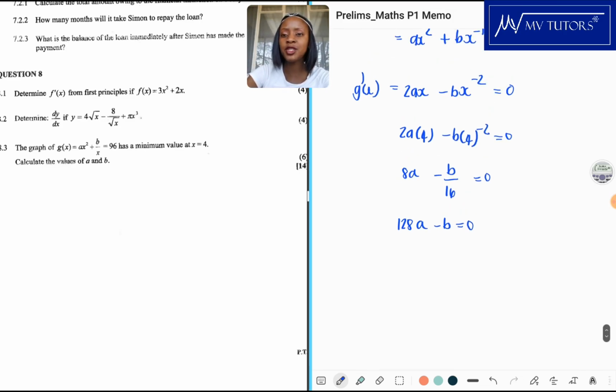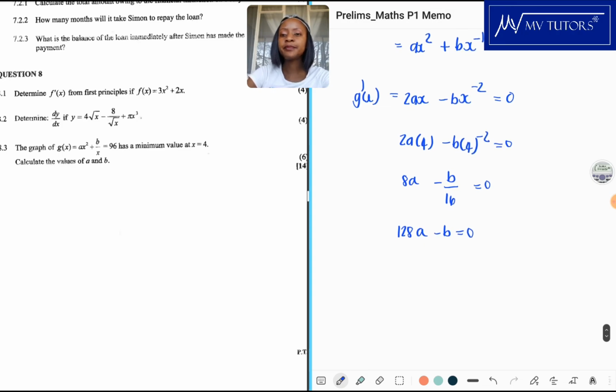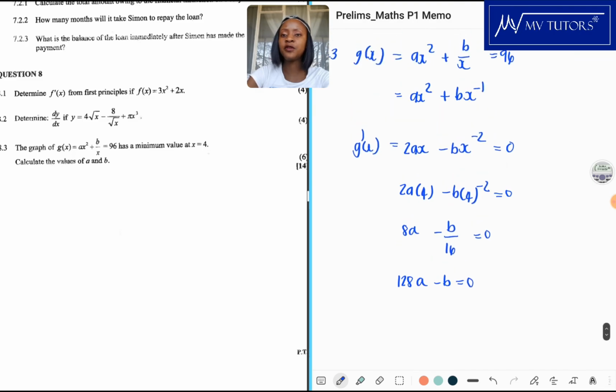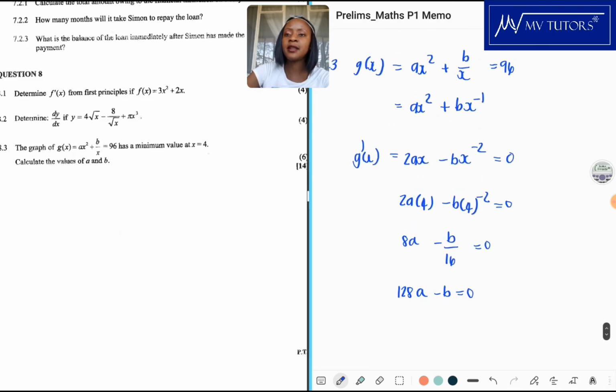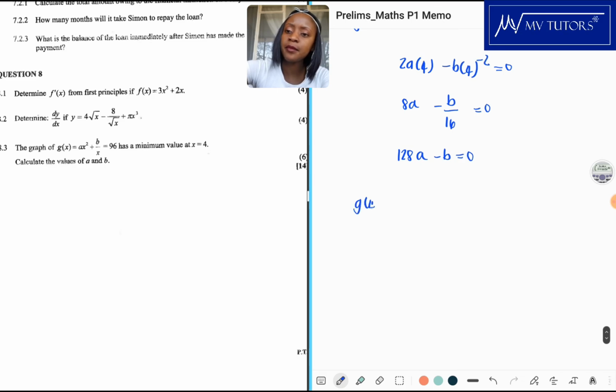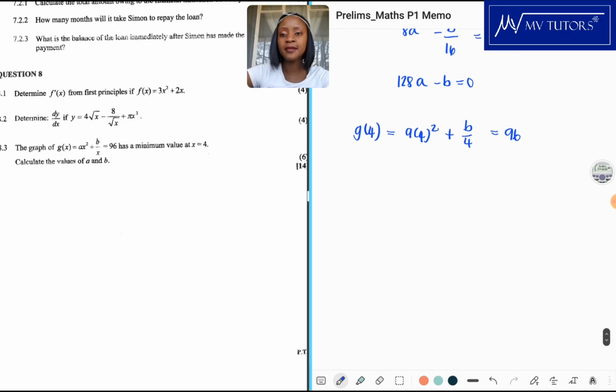Okay, our second equation, well, we would still take that x value 4 and make it equal to 96. That first, so basically g of 4 would be equal to a times 4 squared plus b over 4, and we would make that equal to 96. So if I multiply everything by 4, I get 4 to the power 3 times a, and then I would get b.